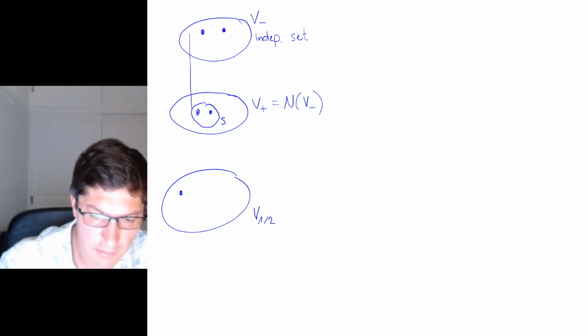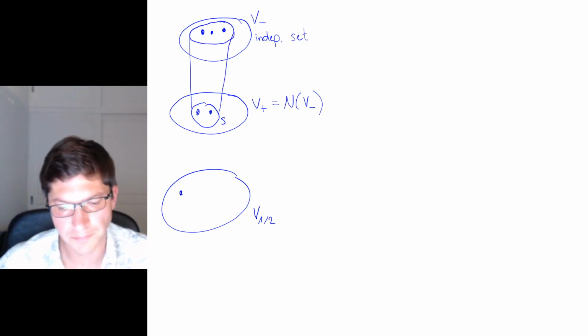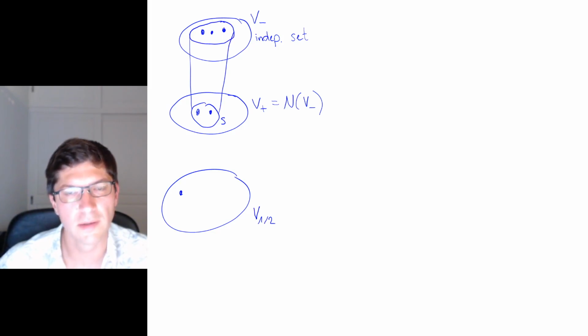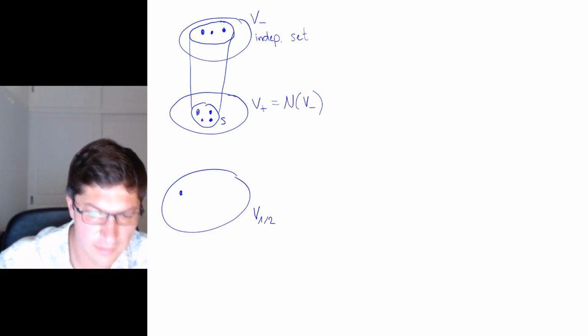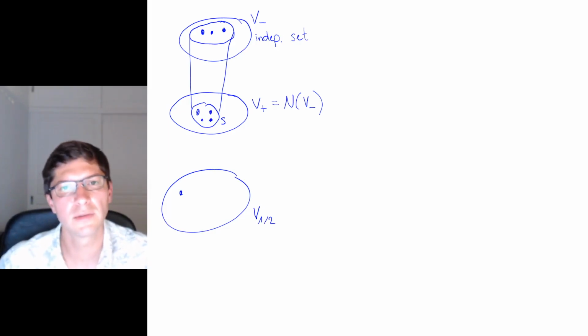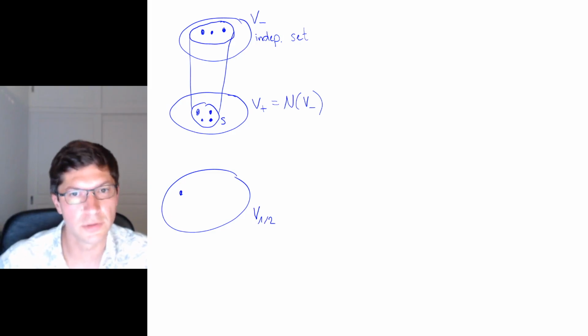If we look at the neighborhood in V minus, then that neighborhood must be larger than S. So why is this the case? Suppose we would have more vertices in S than in its neighborhood in V minus. I claim that then we could get a better solution.